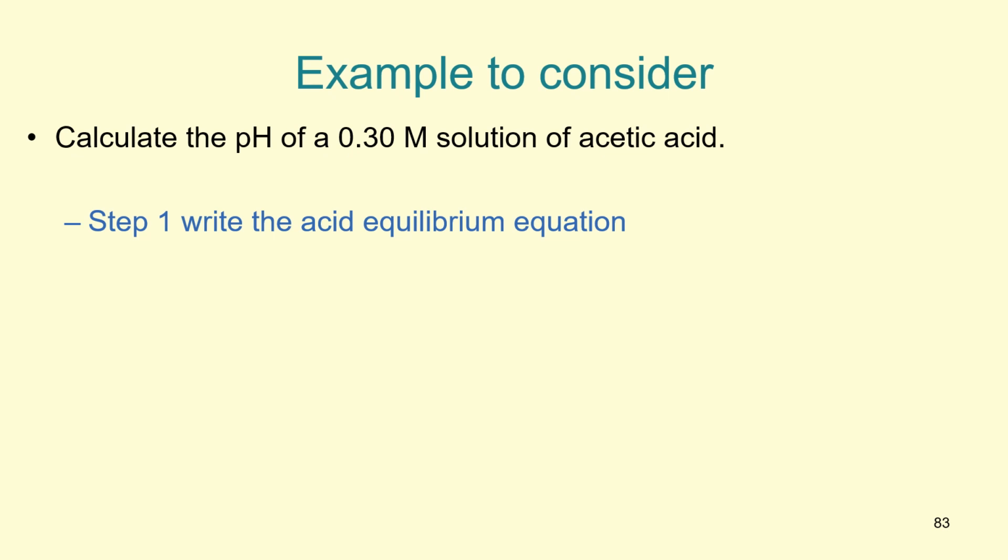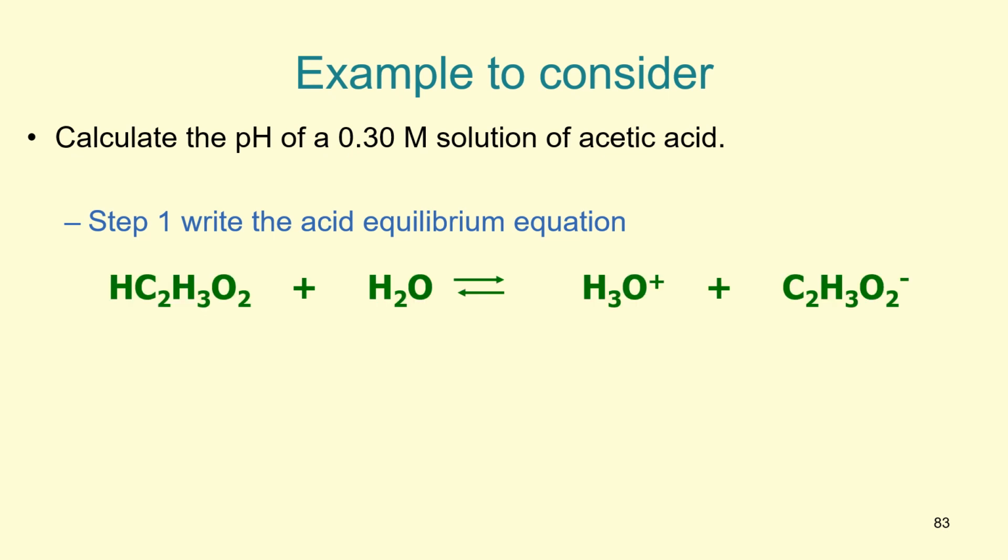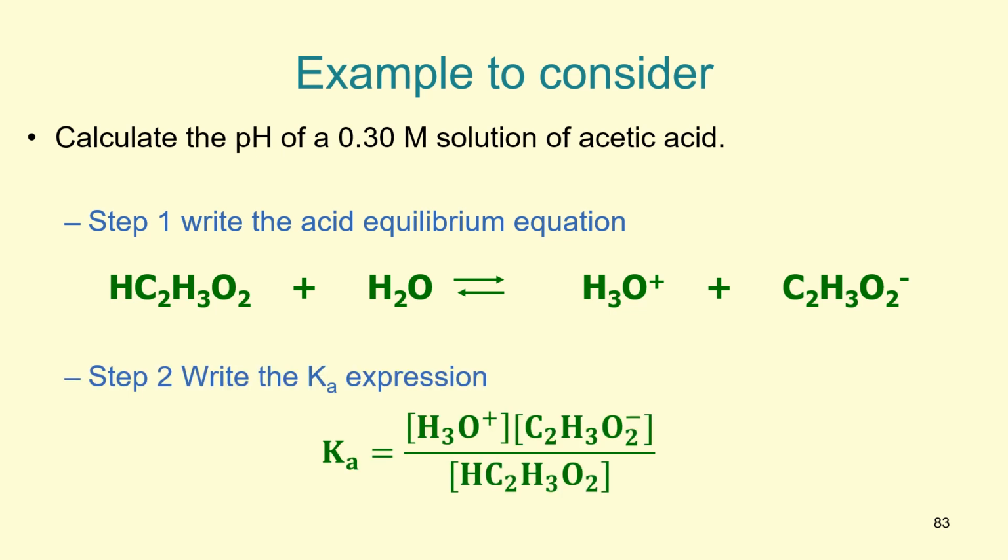Anyway, the first thing you want to do is write your acid equilibrium equation. So there's our acetic acid. Just write the dissociation: plus water gives us H3O plus and C2H3O2 negative. Write the Ka expression. Ka equals H3O plus times the acetate ion divided by acetic acid. In this case, we know what Ka is.